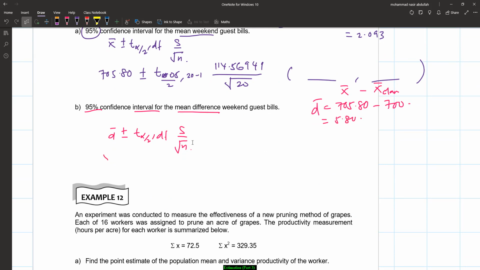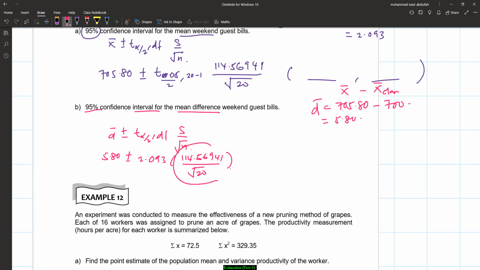So you input the value 5.80 plus minus, this is still the same value 2.093, multiply with 114.56941 divided by square root of 20.